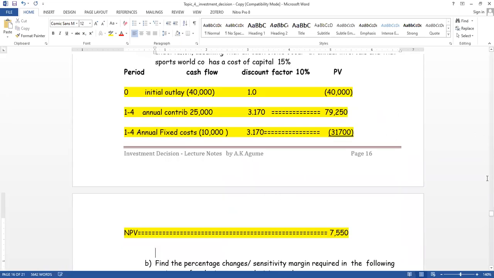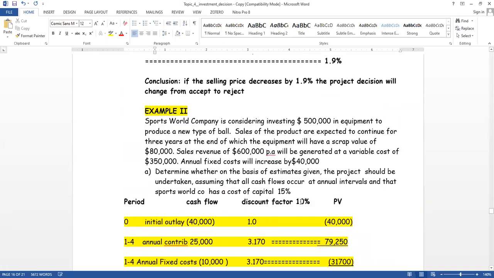So you have the initial outlay. The discount factor itself is 15%. Okay. The initial outlay is 500,000, and the period they are saying is 3. So this is going to be 1 at 3. Then you're going to have sales revenue.